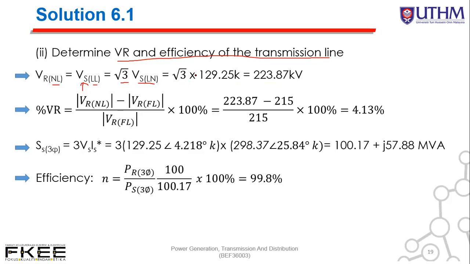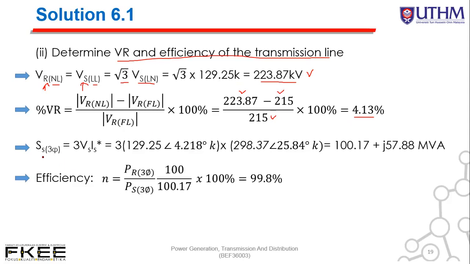So 3 times 129.25, that is 223.87 kilovolt. This is the voltage at the receiving end under no load. We already have the voltage at receiving full load, given as 215 kilovolt. So under no load is 223, and 223 minus 215 divided by 215 gives the voltage regulation of 4.13%.